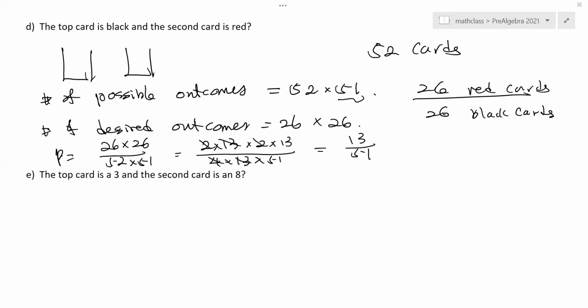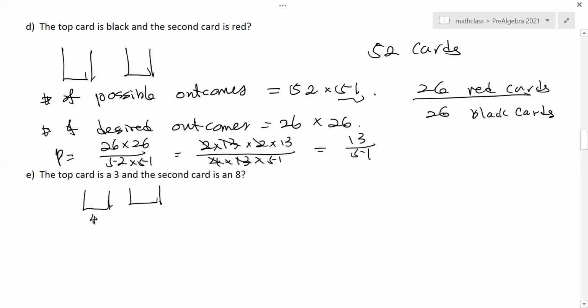First of all, it's the same problem: the top car, the first car, then the second car. How many choices for the first car? It must be a 3, and there are 4 3s, so that's 4 choices.